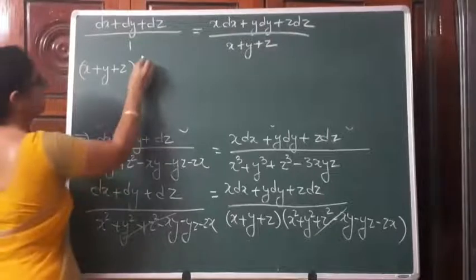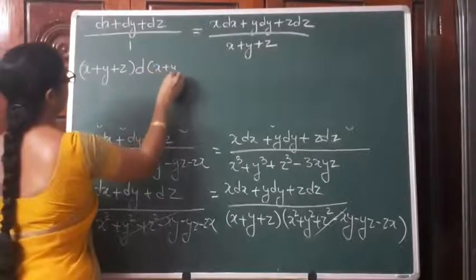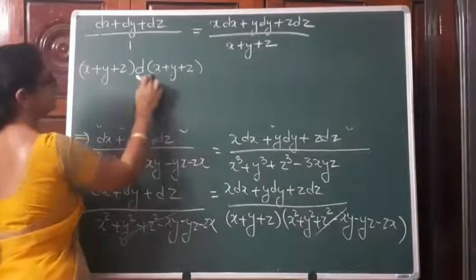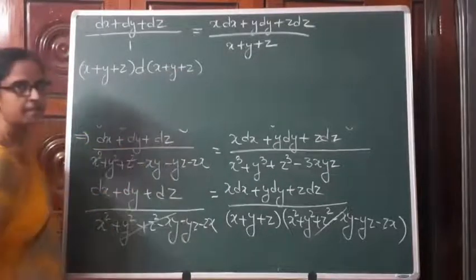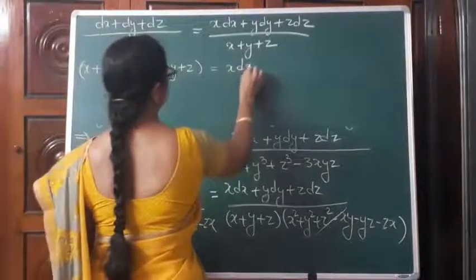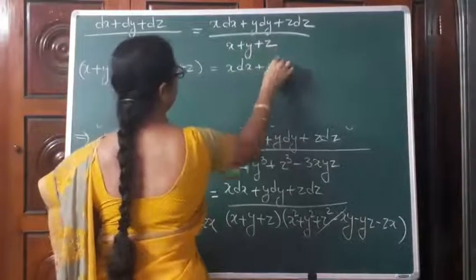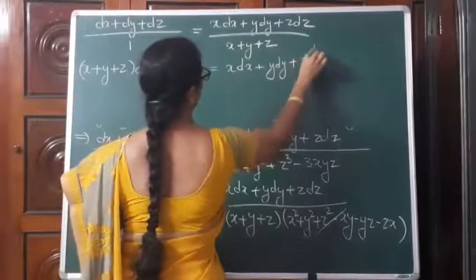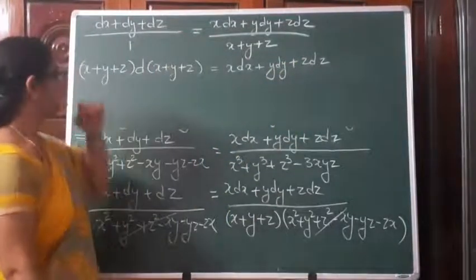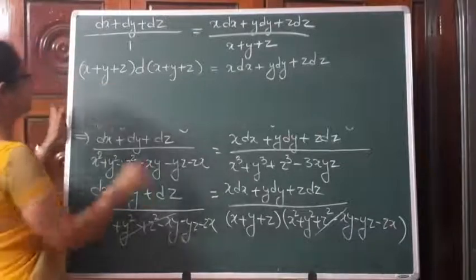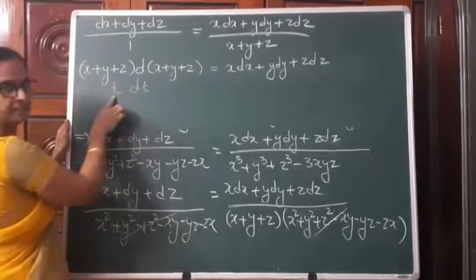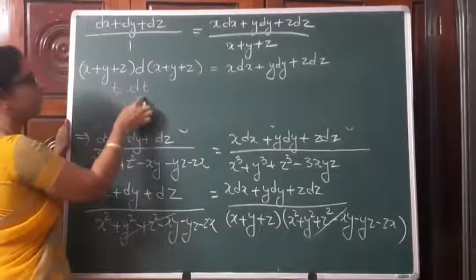This can be written as d of x plus y plus z, which is dx plus dy plus dz, the derivative of x plus the derivative of y plus the derivative of z, equal to x into dx plus y into dy plus z into dz. So we just cross multiply. Now look at the left hand side: taking x plus y plus z as t, it is of the form t into dt.